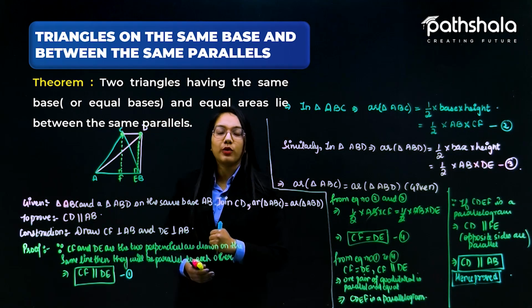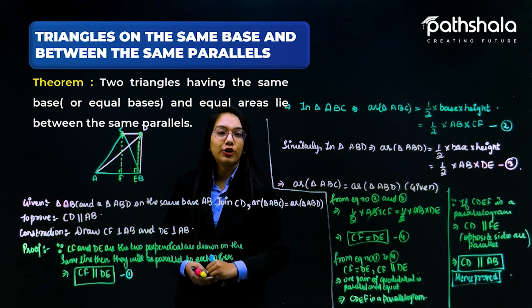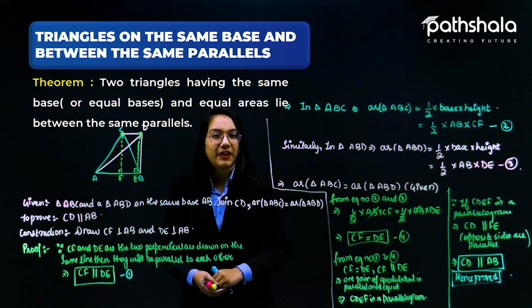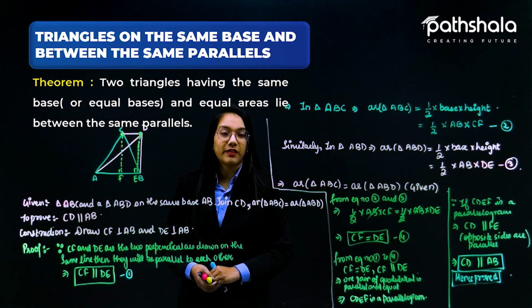So this is all about the converse of the theorem, which says that triangles on the same base and between the same parallels have equal areas.